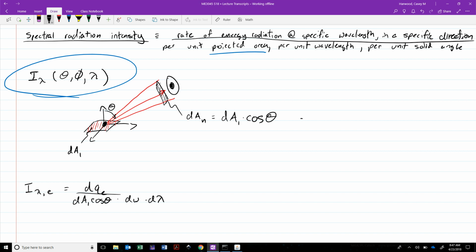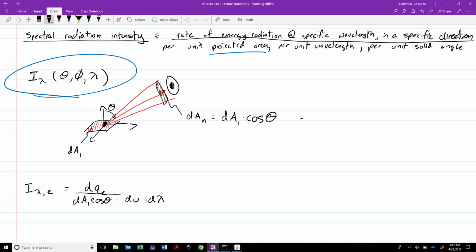So this will have units of watts per unit projected surface area, per unit solid angle.